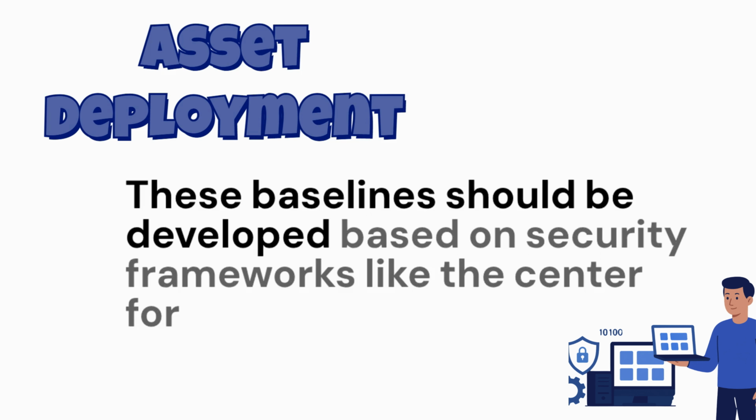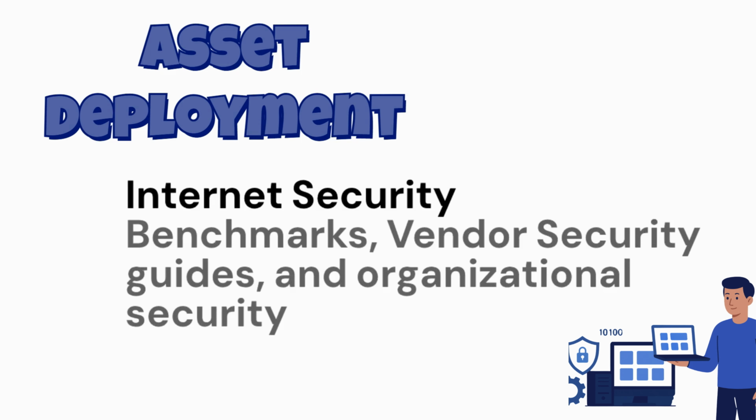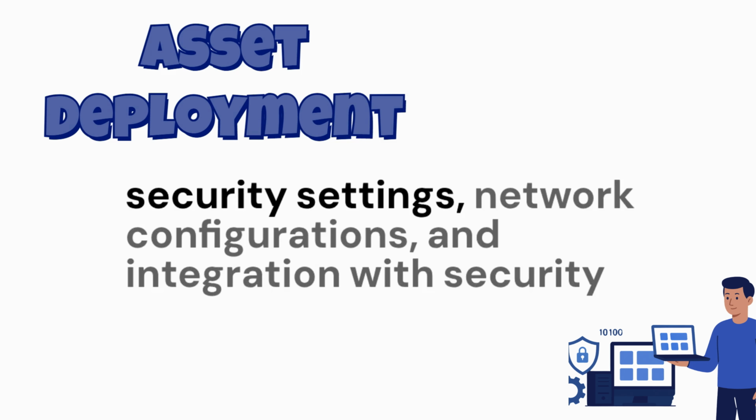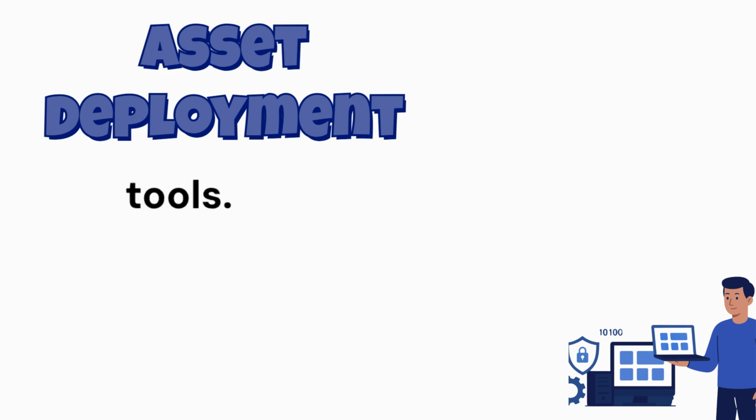These baselines should be developed based on security frameworks like the Center for Internet Security Benchmarks, vendor security guides, and organizational security policies. Configuration baselines should also address operating system hardening, application security settings, network configurations, and integration with security tools.